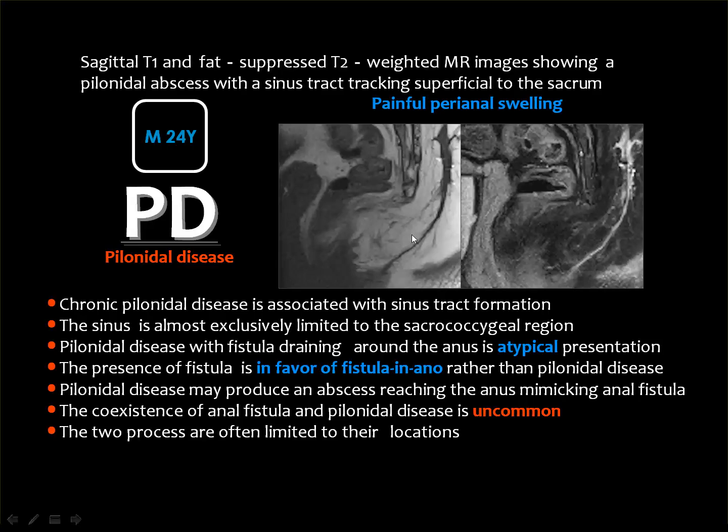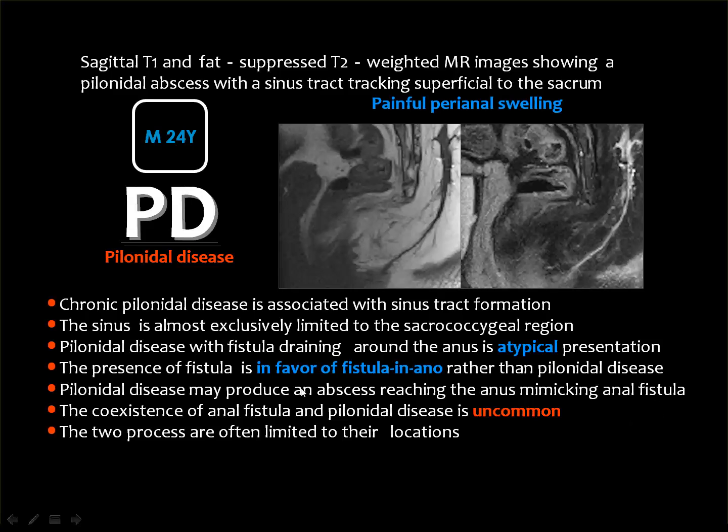It's very important to differentiate between a pilonidal sinus and fistula in ano. The chronic pilonidal disease is associated with a sinus tract. The sinus is almost exclusively limited to the sacrococcygeal area. Pilonidal disease with fistula around the anus is an atypical presentation.